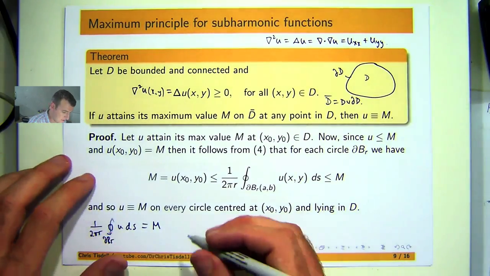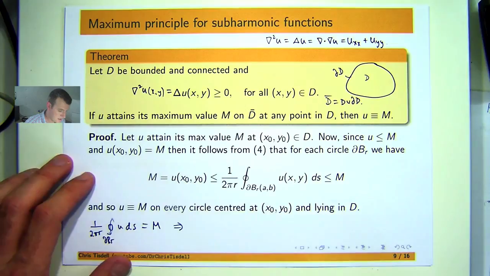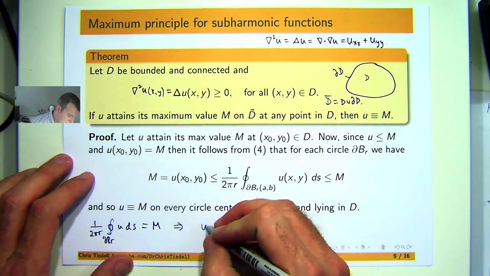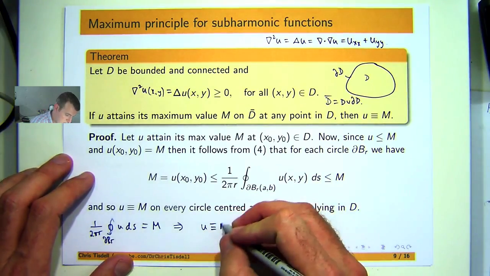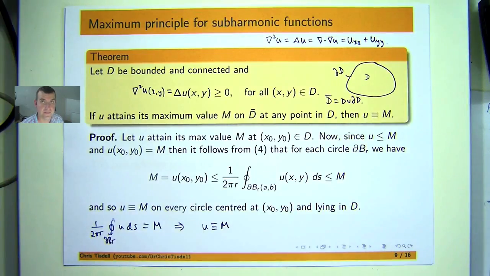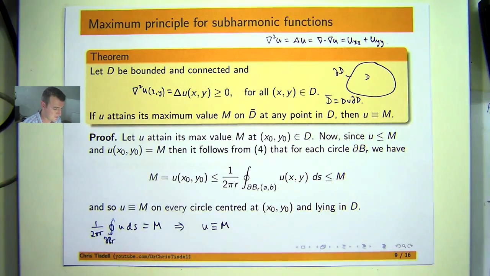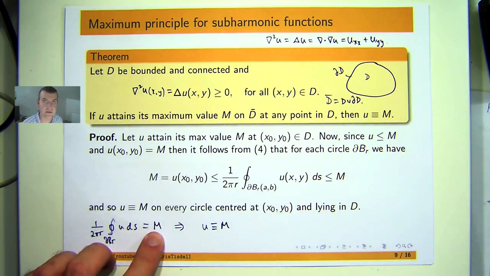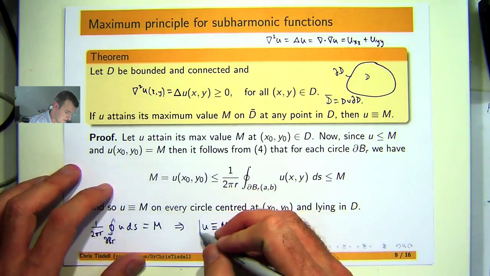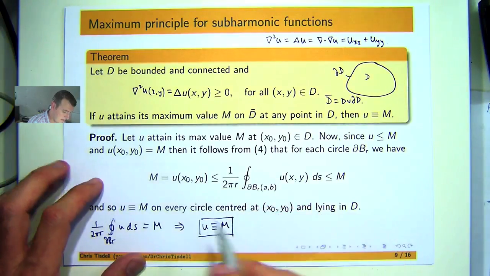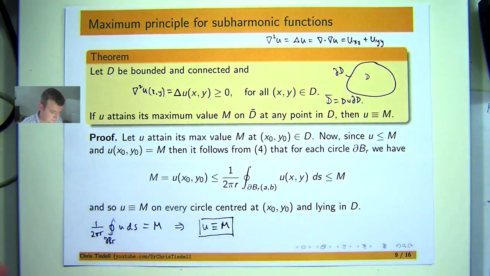So this can only occur if u is equal to m. Because if you vary the ball, you would expect this to vary, but it's not. It's constant. So the only way that this can happen is if u is identically equal to m on every circle centered at this point and lying in D.